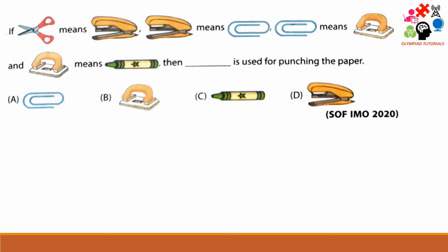But the punching machine is referred here to the crayon. So here your answer is going to be option number C, crayon. This question was asked in the International Math Olympiad of 2020.